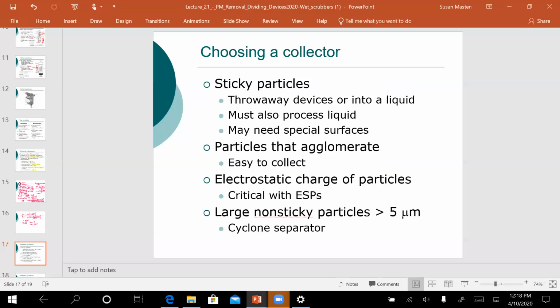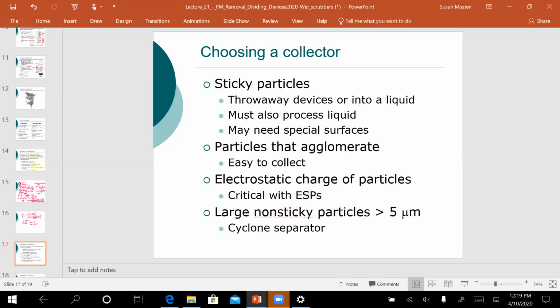Recommended that on a quarterly basis you remove that HEPA filter, replace it with a new one. Could be an air filter on a car. All of these are disposable devices that are used to remove particles. And they work with sticky particles, they work with dry particles. Problem with a liquid is then you have that liquid that you need to then treat. And that's true with a wet scrubber.